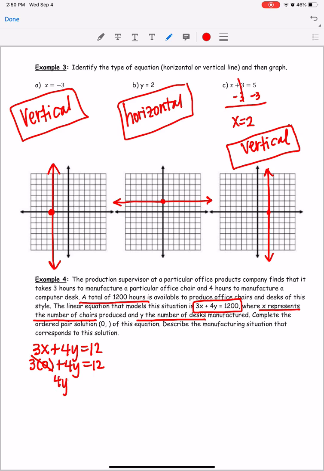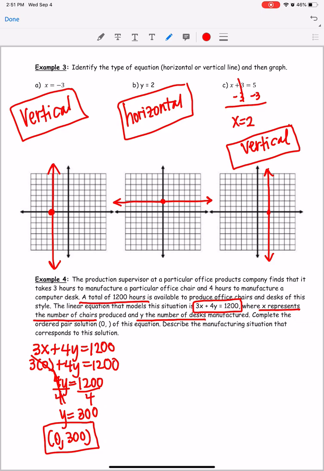So I've got 4y equals 1,200. Divide by your 4, and we get y to be 300. So when I complete that ordered pair, it is now (0, 300). So that's the first part.